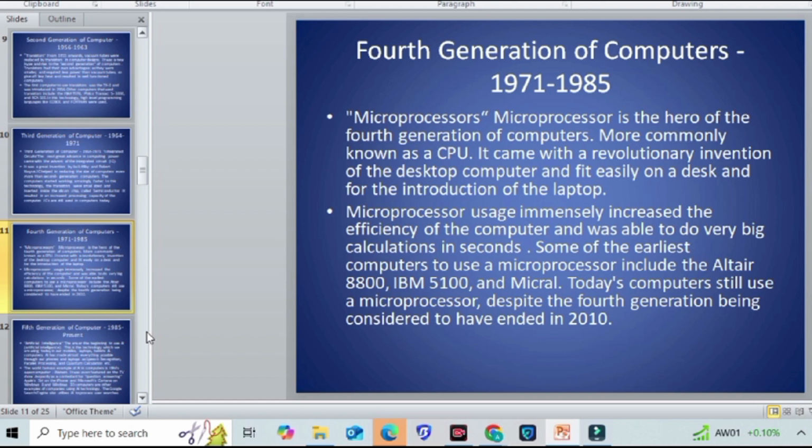Microprocessor usage immensely increased the efficiency of the computer and it was able to do very big calculations in seconds. Some of the earliest computers to use a microprocessor include the Altair 8800, IBM 5100, and Micral. Today's computers still use a microprocessor, despite the fourth generation being considered to have ended in 2010.